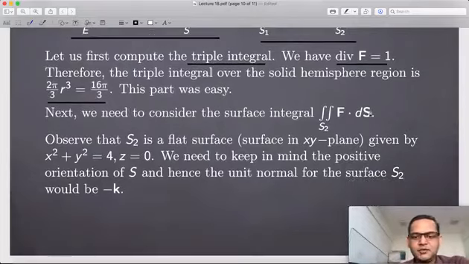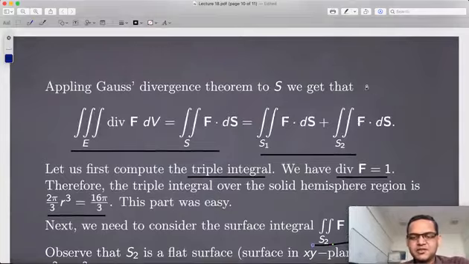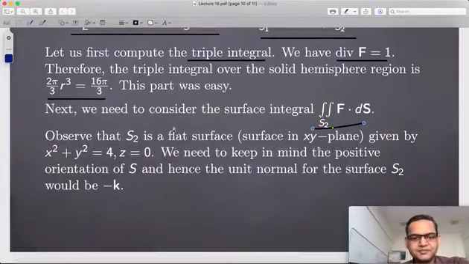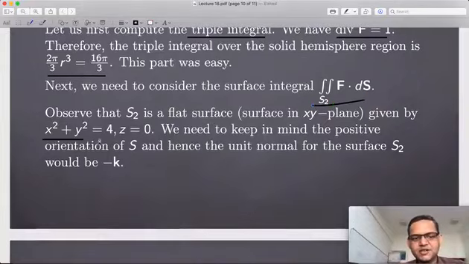And now we need to compute the other integral, which comes because we had added this extra part to get a closed surface, and hence we could apply the divergence theorem. So we now need to compute this also, and this is a flat surface, so this surface integral is actually a double integral over a disk.